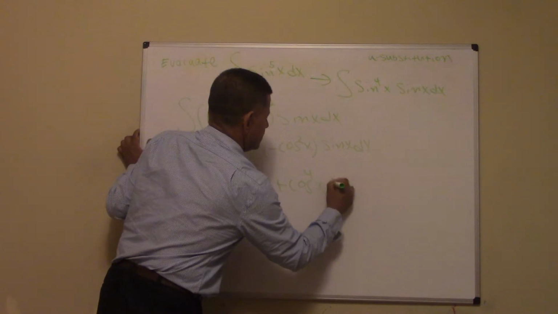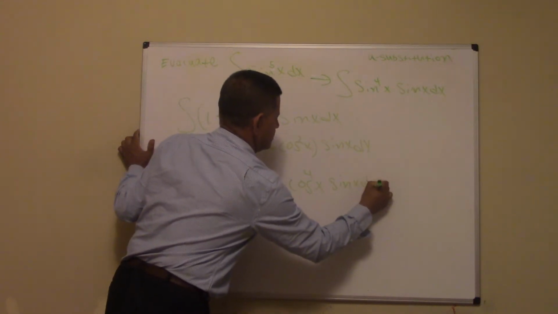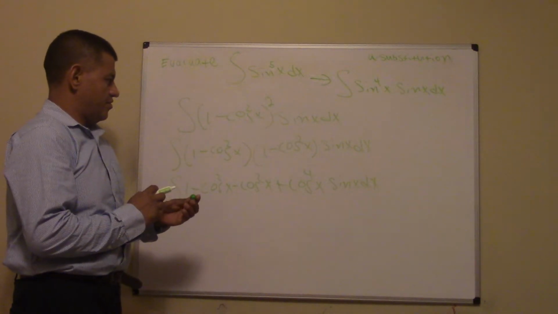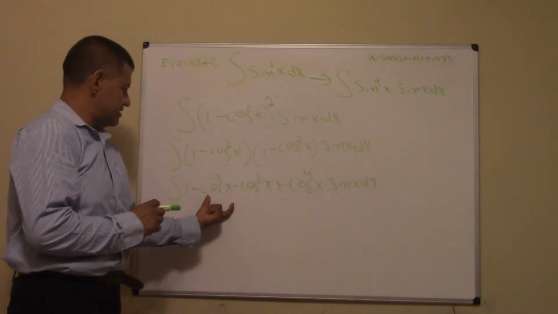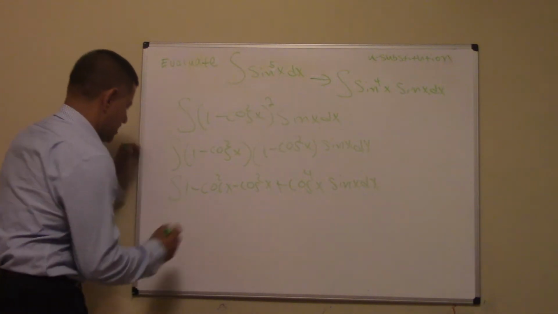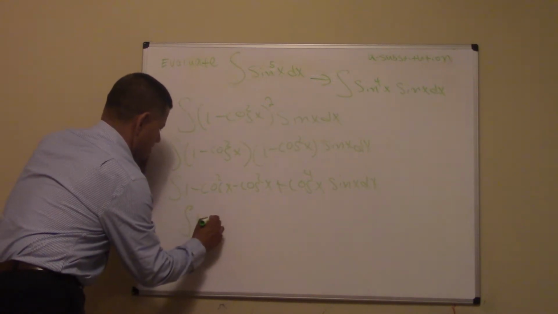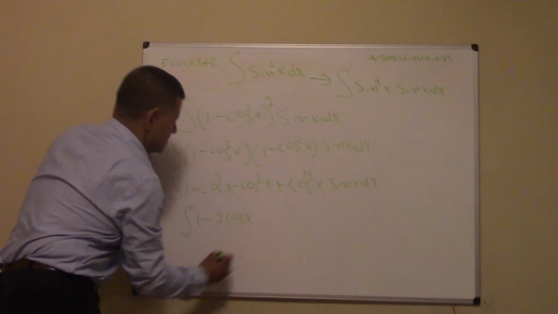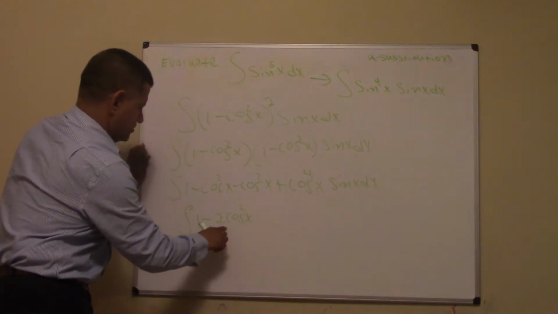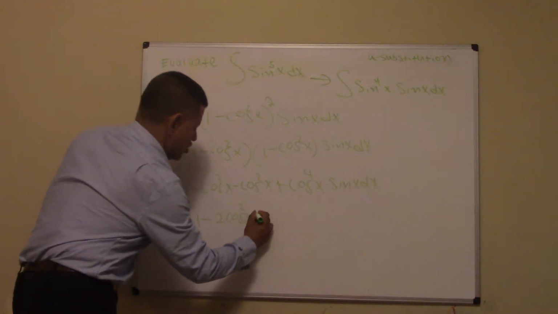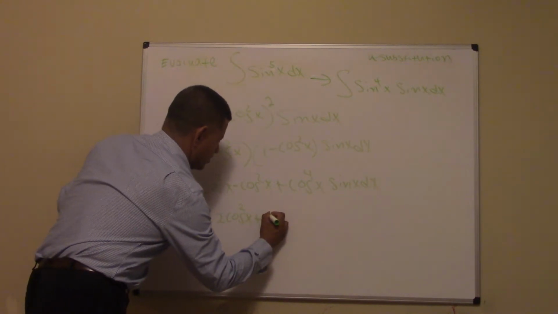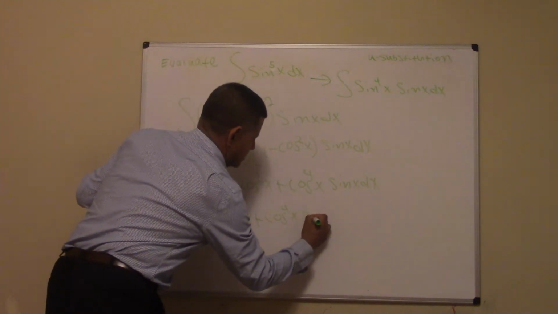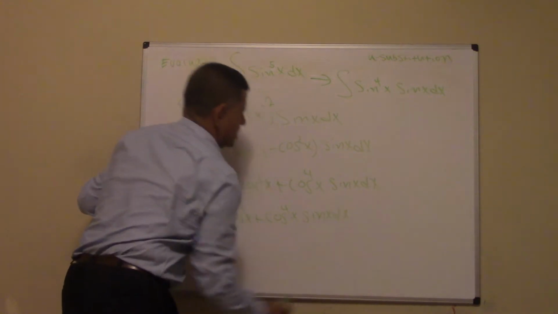And then sine x dx. Now we can combine like terms, and we get 1 minus 2 cosine square x plus cosine to the fourth x, sine x dx.